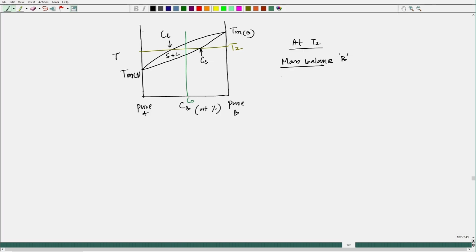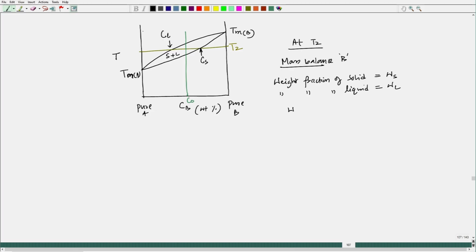Now, if I look at a particular content of solid and liquid, let us say weight fraction of solid equal to Ws and weight fraction of liquid solution equal to WL.